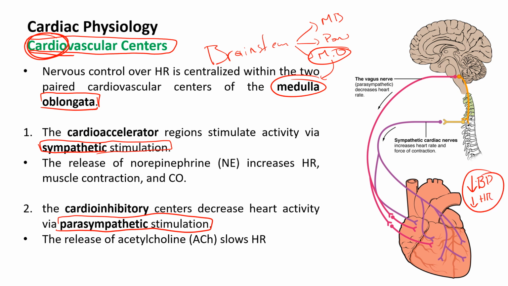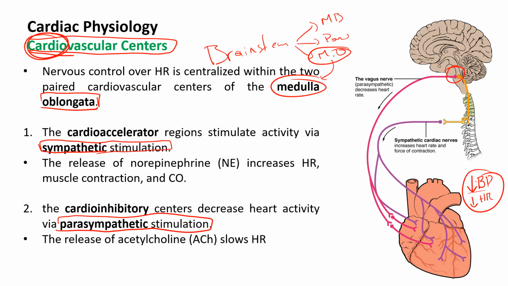That is a problem because low blood pressure and low heart rate mean low cardiac output, which means not enough blood being delivered to the tissues. So the receptor sends signals to the medulla oblongata saying, hey, we have low blood pressure and low heart rate. How can we fix that?